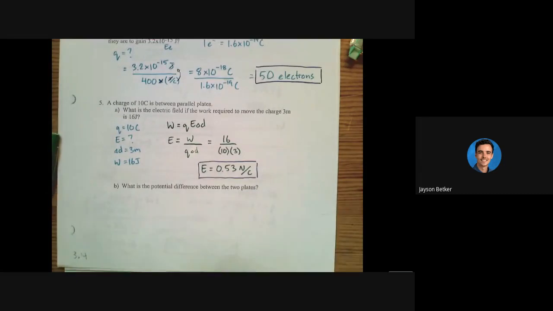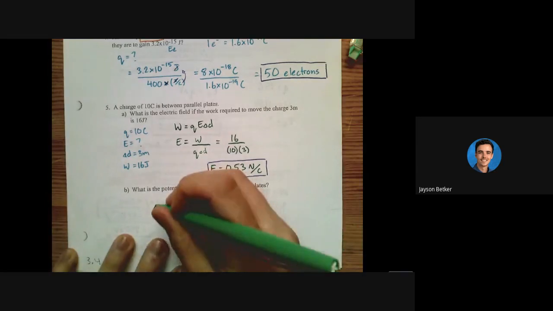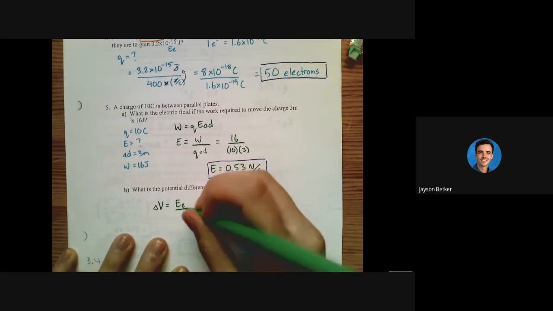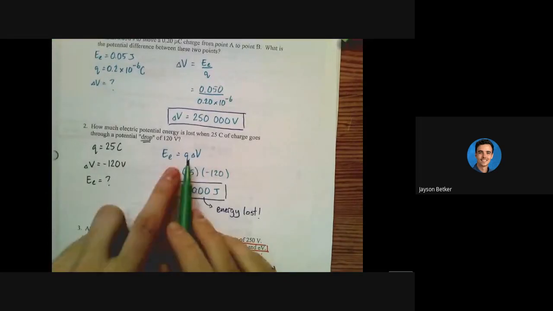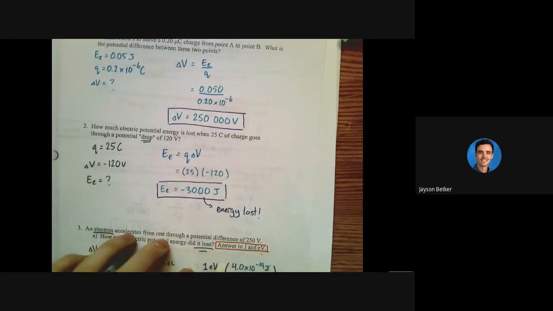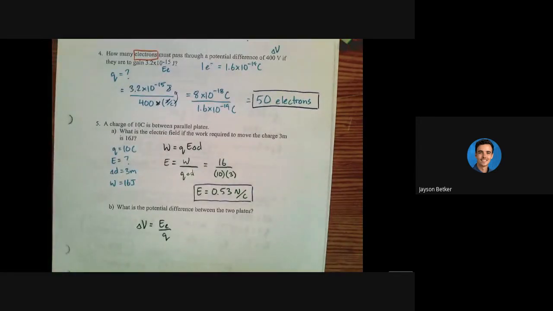And what's the potential difference? Now we can go back to the same formula we've been using in basically all these questions: the potential difference is equal to the electric potential energy divided by the charge. It's the format we saw in the first question, and now we have enough information to do that.